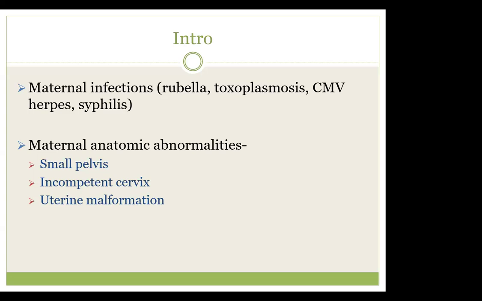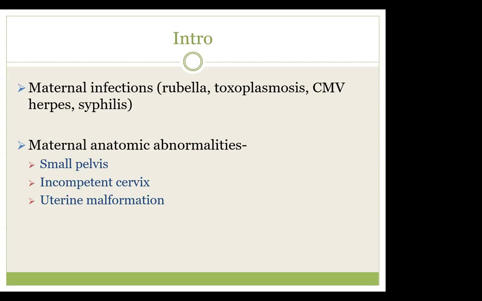If they have an incompetent cervix, this means the cervix will not stay closed and has to be sewn shut. Usually, this is only detected after a spontaneously aborted baby, okay, where the pregnancy seemed normal and all of a sudden the cervix started dilating and a spontaneous abortion occurred.